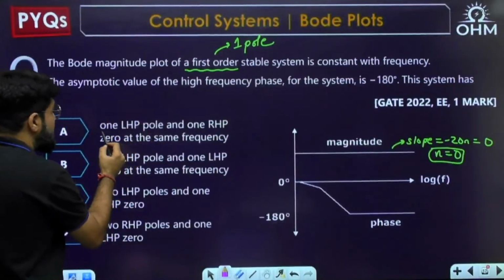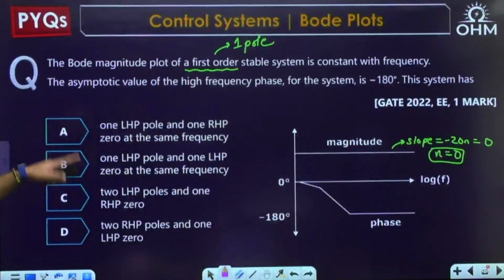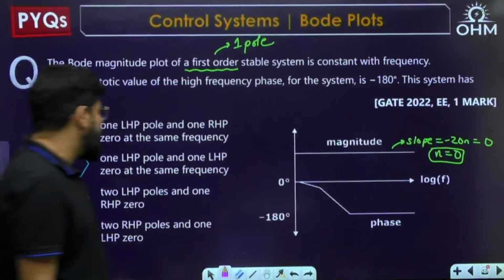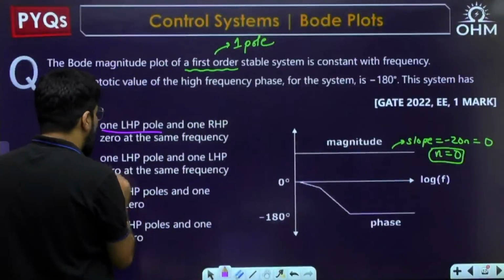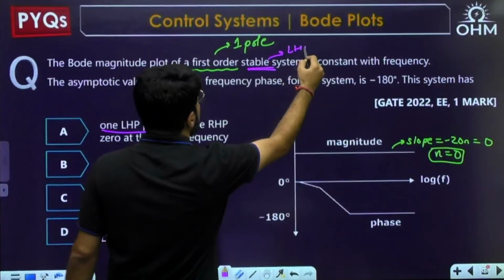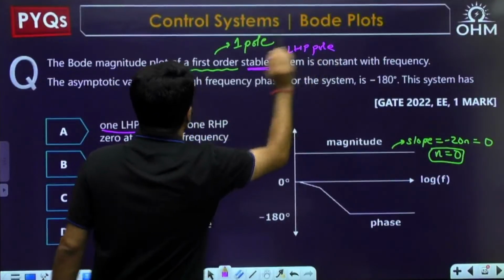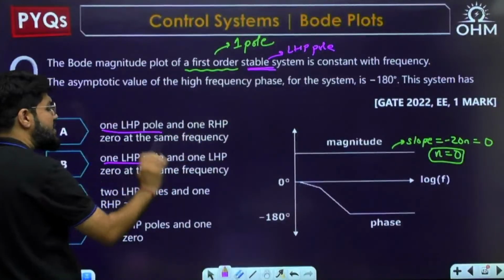Now if there is one LHP pole, there has to be one RHP pole or one LHP zero. Why one LHP pole? Because it is stable. Stable means LHP pole. That transfer function is stable, so that is an LHP pole. Now the zero is RHP or LHP.